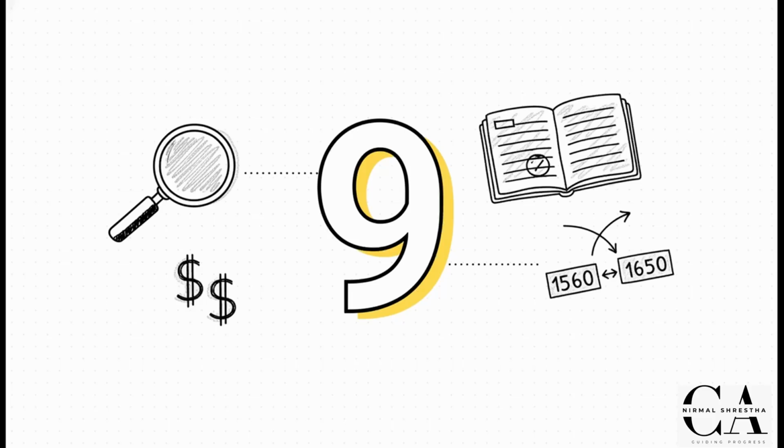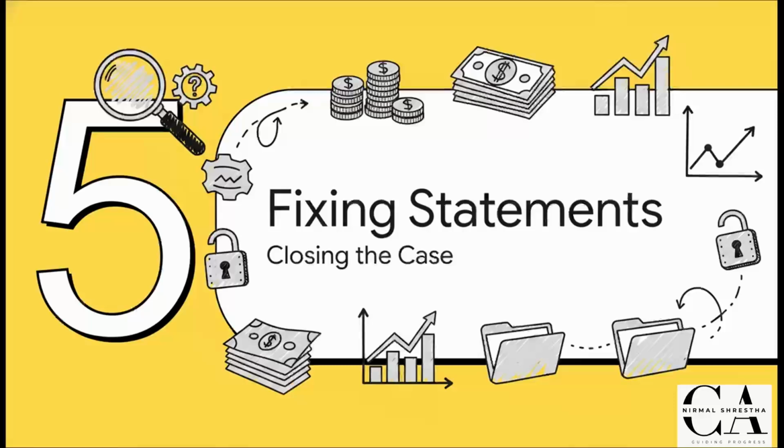So for example, if you write down an invoice as $1,560 instead of the correct $1,650, the difference is exactly $90, and 90 is perfectly divisible by 9. It's this brilliant mathematical shortcut that immediately tells you to stop looking for a missing $90 receipt and just start looking for flipped digits.